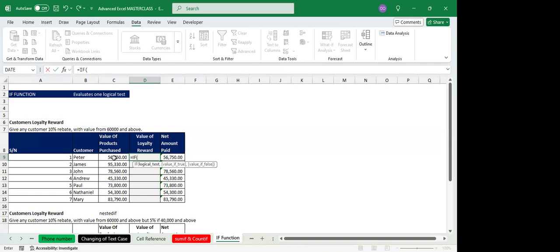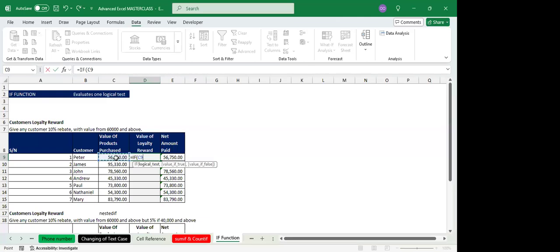For this particular row that I am on, which is Peter's row, I want to know, did Peter's purchase, this is the value of purchase column, greater than 60,000, right?